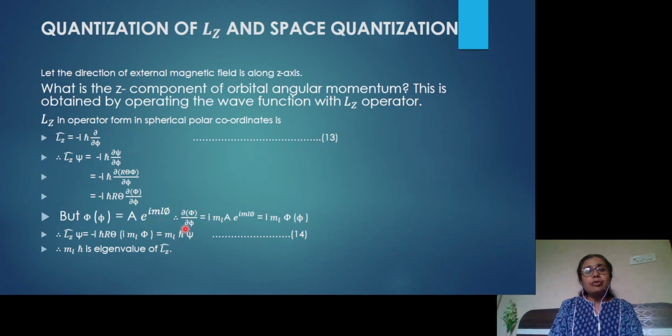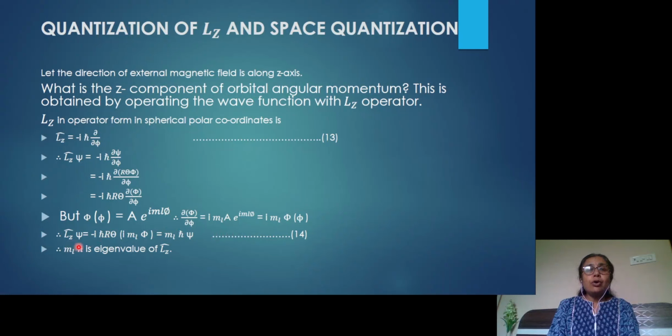So in the partial derivative with respect to phi, this A will remain as it is. The derivative of e raised to i ml phi is equal to i ml into e raised to i ml phi as it is. Okay, so this is nothing but again the function phi.